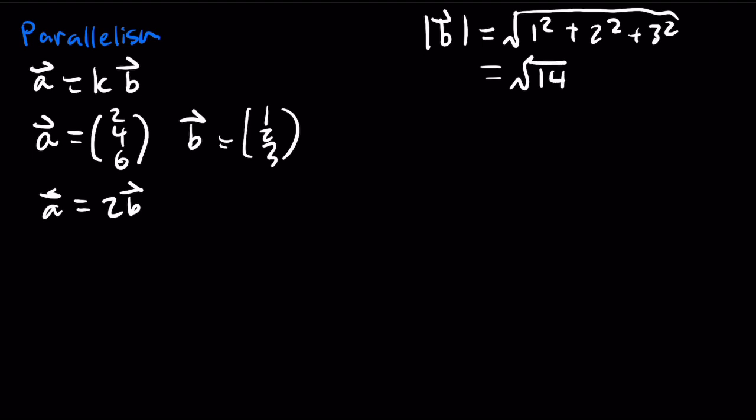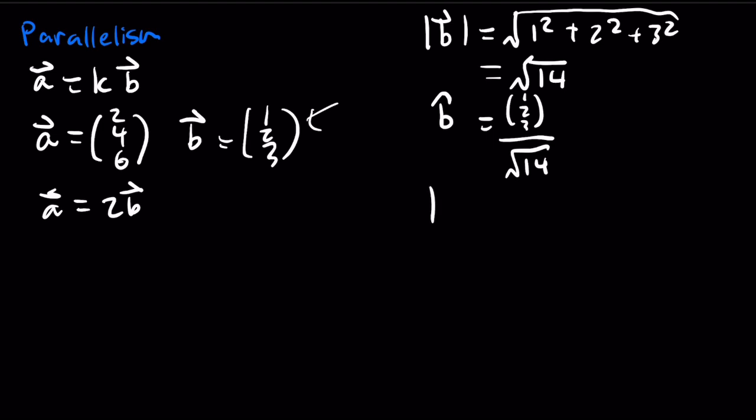And now, if we divide vector b by its magnitude, we'll get the unit vector of b, which can be written like this. So the unit vector of b will be equal to 1, 2, 3 divided by square root 14. And now let's look at the unit vector of a.